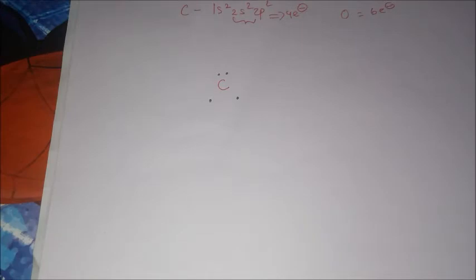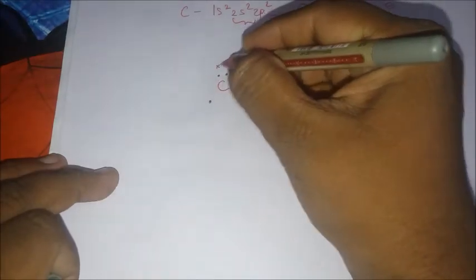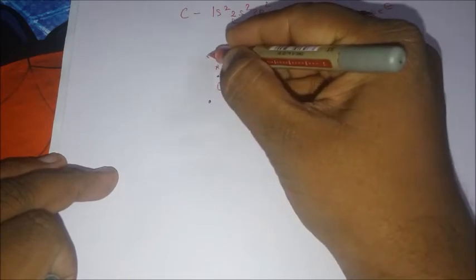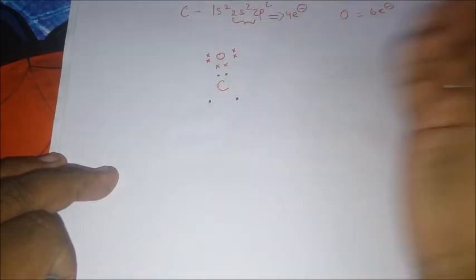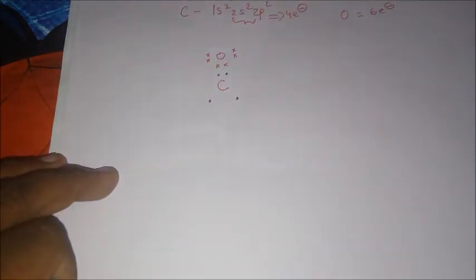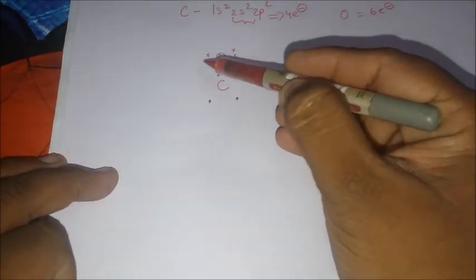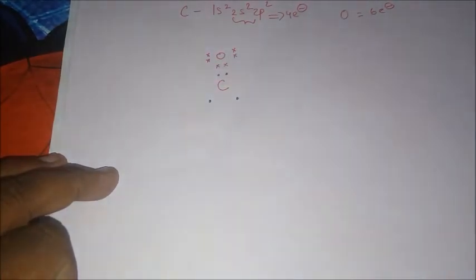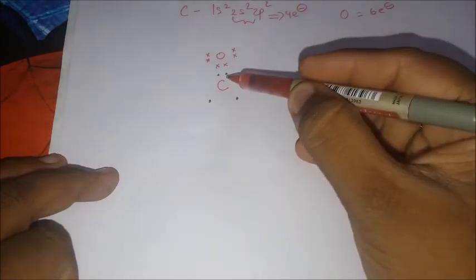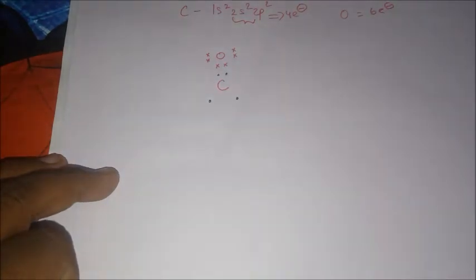Now the oxygen, which has 6 electrons, is going to get bonded with the carbon. So these starred electrons, red colored, belong to oxygen, while the dotted one belongs to our normal carbon.